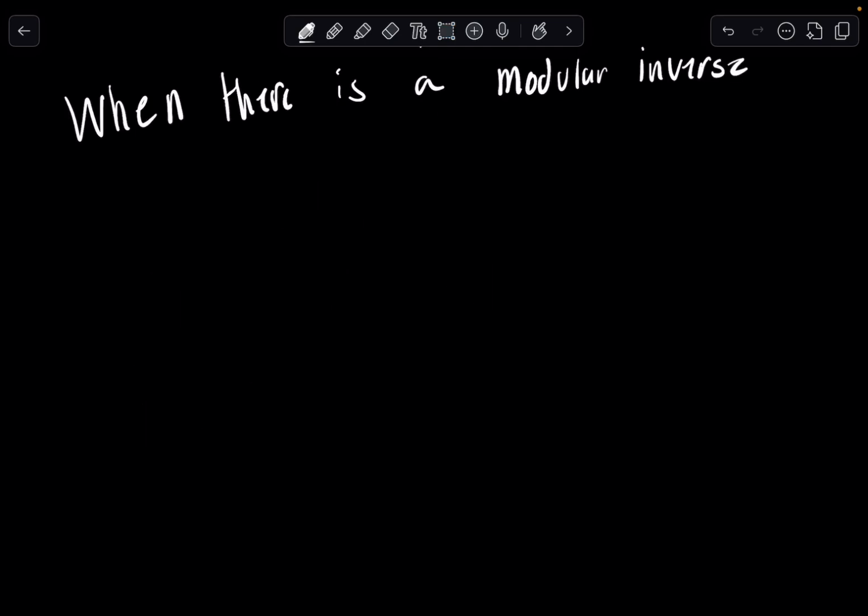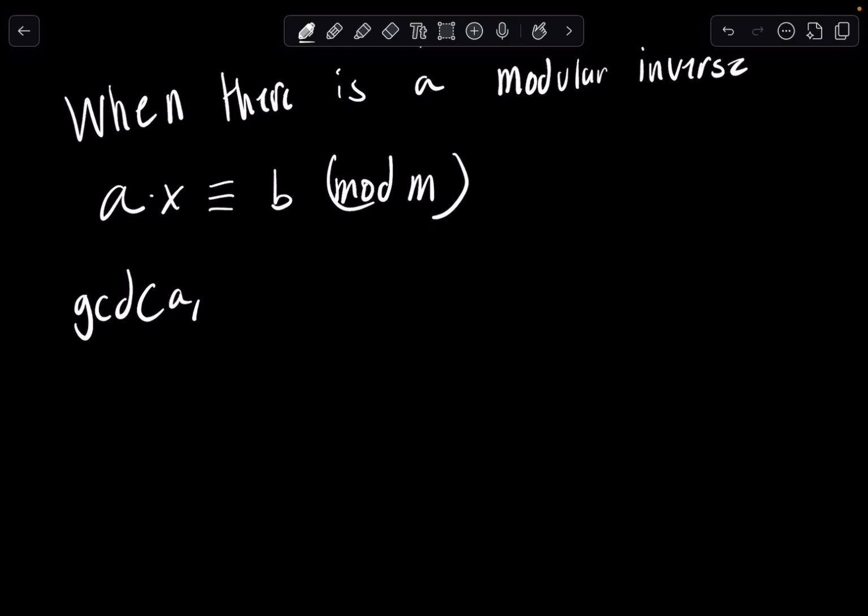An important point that I forgot to talk about was when to know if there actually exists a modular inverse. With the hypothetical congruence that we've been showing, a modular inverse for A exists if and only if the GCD of A and M equals 1.